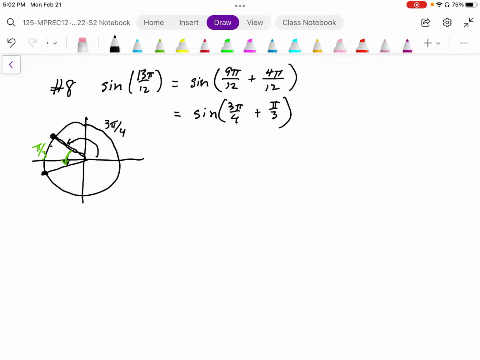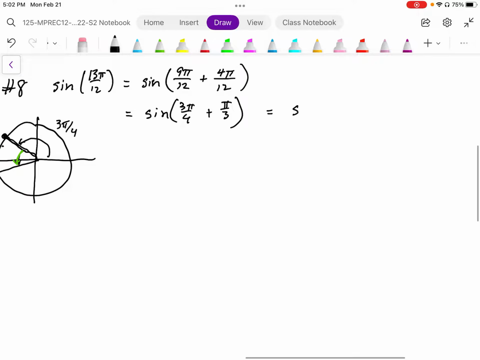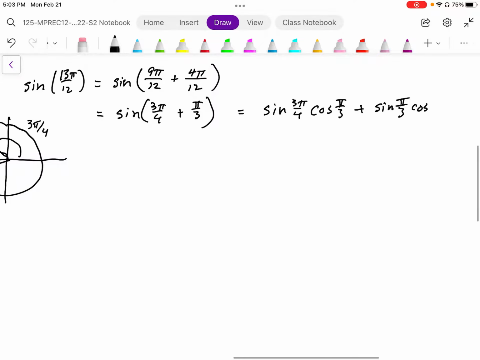Those two angles as a sum will get me to the position I want, which is 13 pi over 12. So then I can express this using my sum and difference identity. This is going to be sine of 3 pi over 4 cosine of pi over 3 plus sine of pi over 3 cosine of 3 pi over 4.